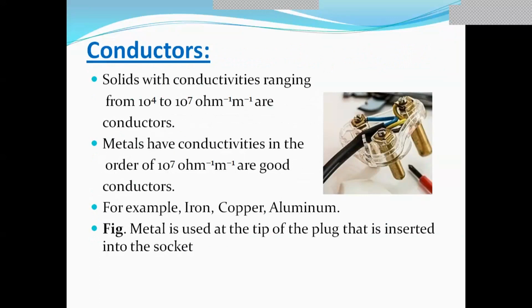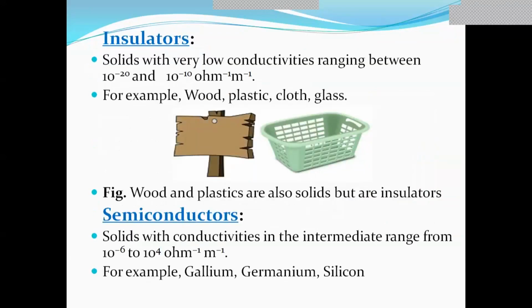Conductors have a range of conductivity between 10 to the power of 4 and 10 to the power of 7 per ohm per meter. Examples are copper, iron, aluminium, etc. Insulators are those materials which have a conductivity range between 10 to the power of minus 20 to 10 to the power of minus 10 per ohm per meter, which is a very low value.